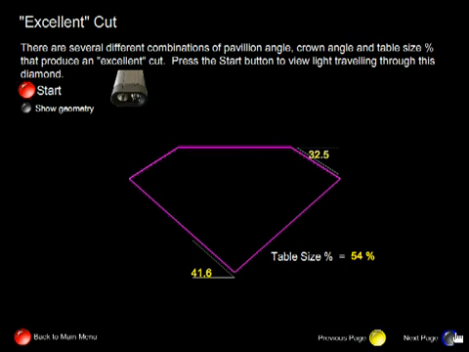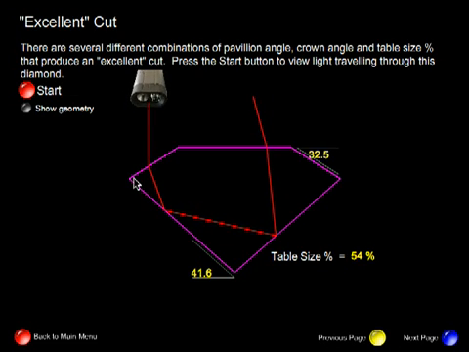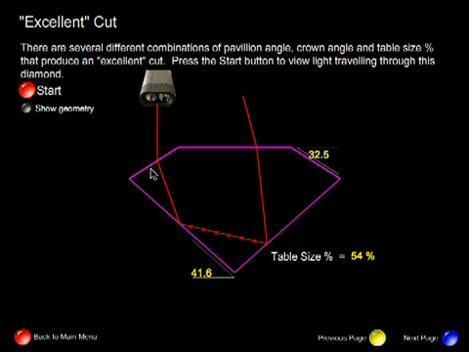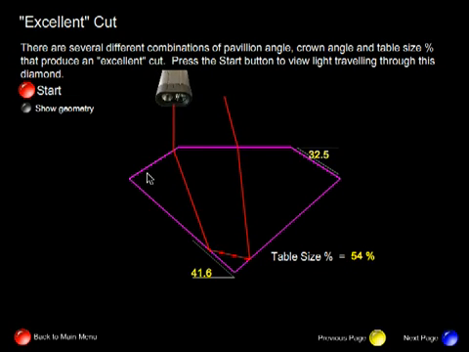Now there are several different combinations of pavilion angle, crown angle, and table size percentage that produce an excellent cut. Let's take a look for this particular diamond. Once again, these proportions have changed, and yet they produce the same type of effect, where light is reflected upwards as it enters through the facet.